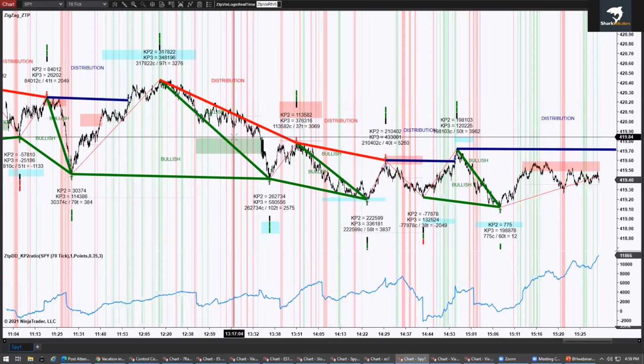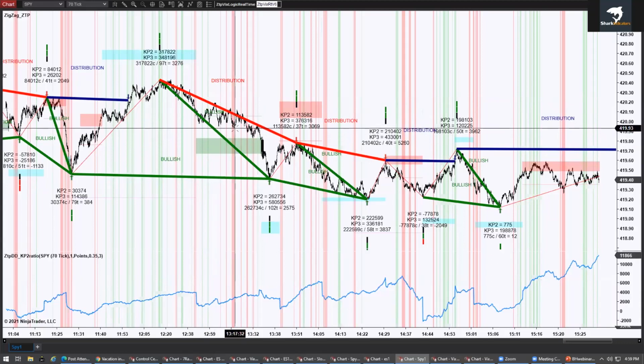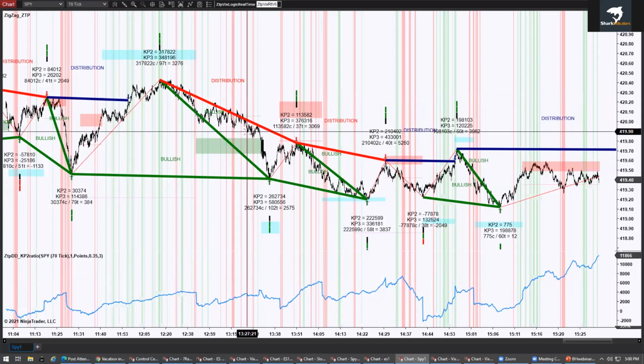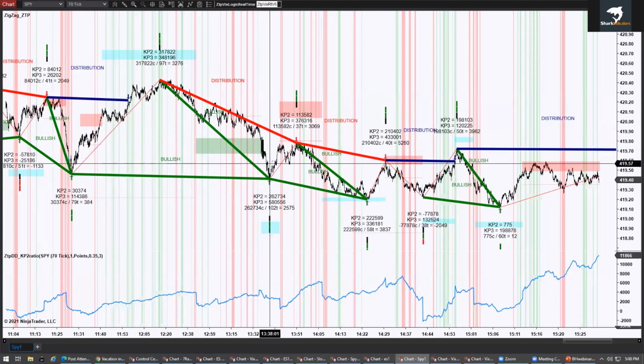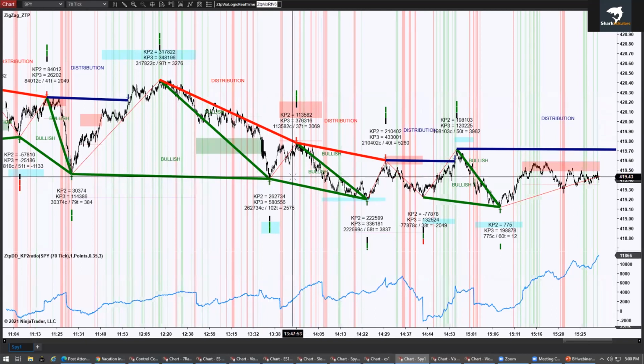So if we were looking back here and we were getting a signal back in here, as the market trades lower, as we get our red BloodHound signal here, as it trades lower, it reevaluates, and it's going to continue to reevaluate on the low. So each time a new low is made, it's going to reevaluate whether or not there is still divergence. That's the way the indicator works.